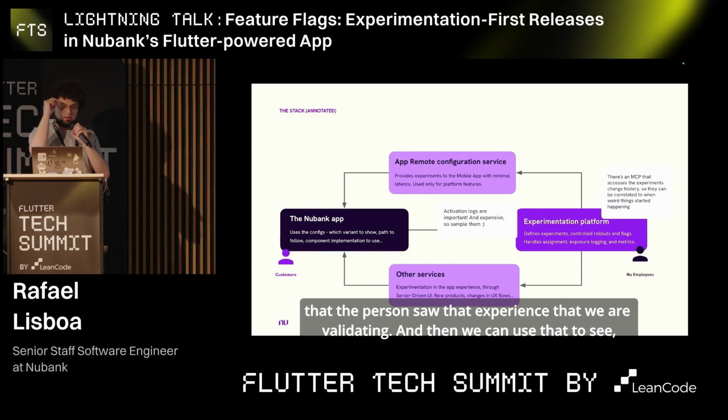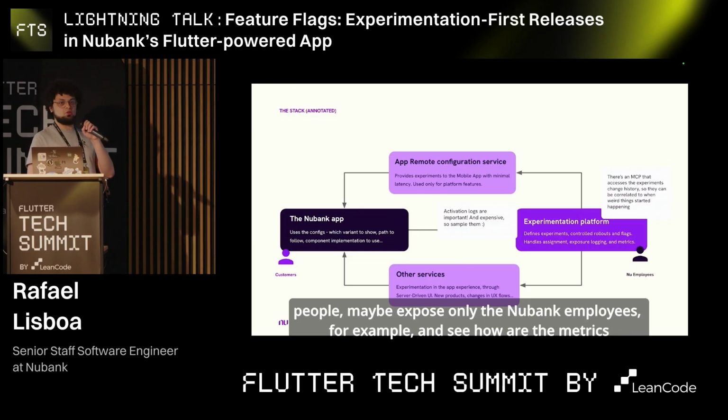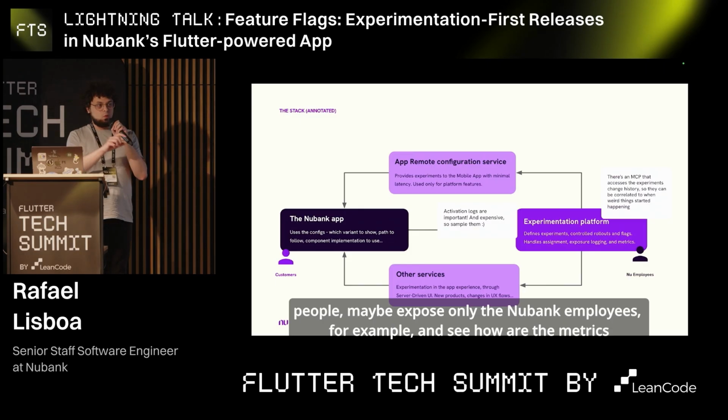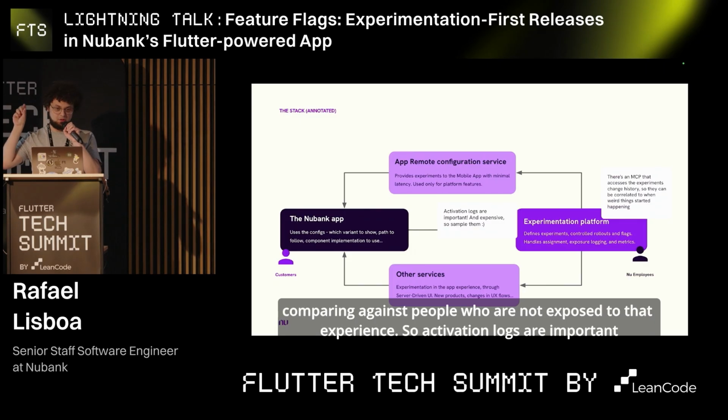And then we can use that to monitor it, right? So that we can have a small sample size, expose a small number of people, maybe expose only the Nubank employees, for example, and see how the metrics compare against people who are not exposed to that experience.